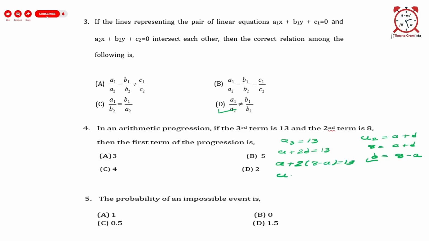So, A plus 2 8s are 16 minus 2A equal to 13. So, minus A and 13 minus 16. So, minus A equal to minus 3. So, therefore, A equal to 3 and our answer is option A 3.